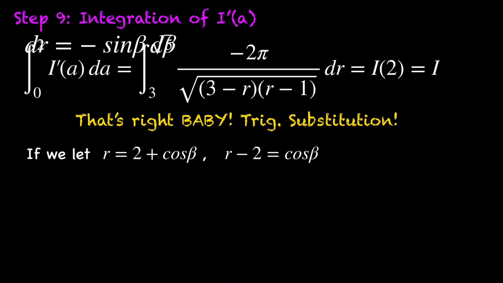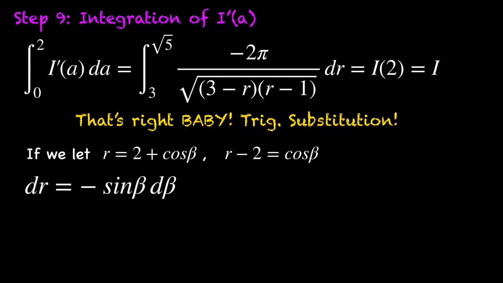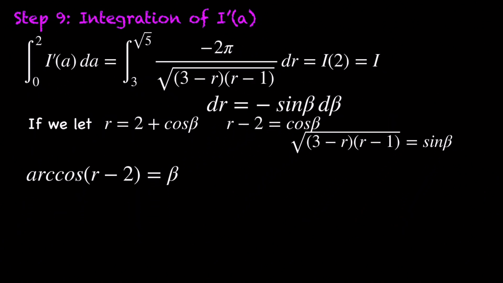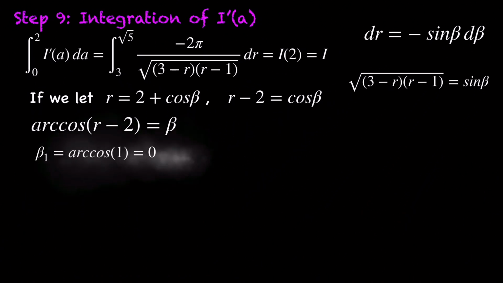Let r equal 2 plus cosine beta. So r minus 2 is equal to cosine beta, dr is equal to negative sine beta d beta, and the arc cosine of r minus 2 is equal to beta. Also, check that the square root of this quantity is equal to the sine of beta as well.